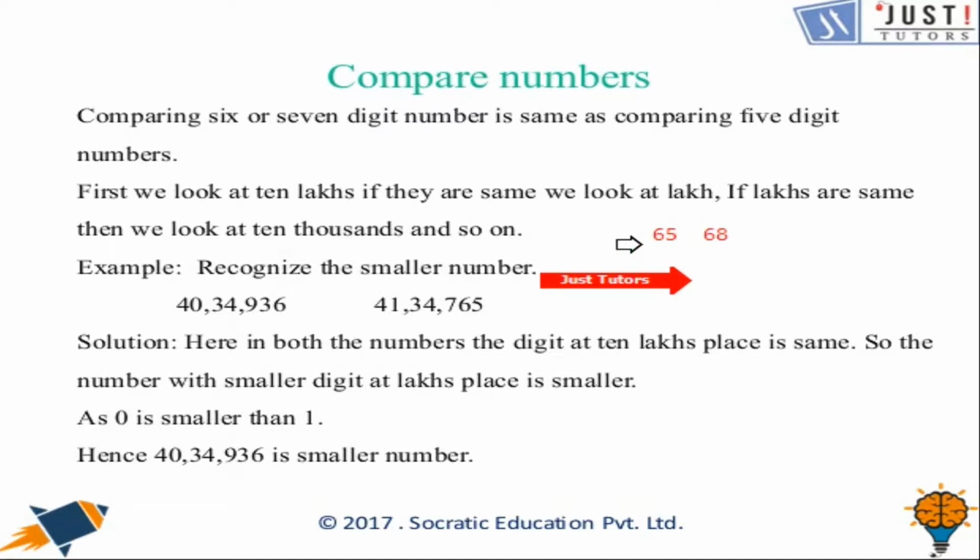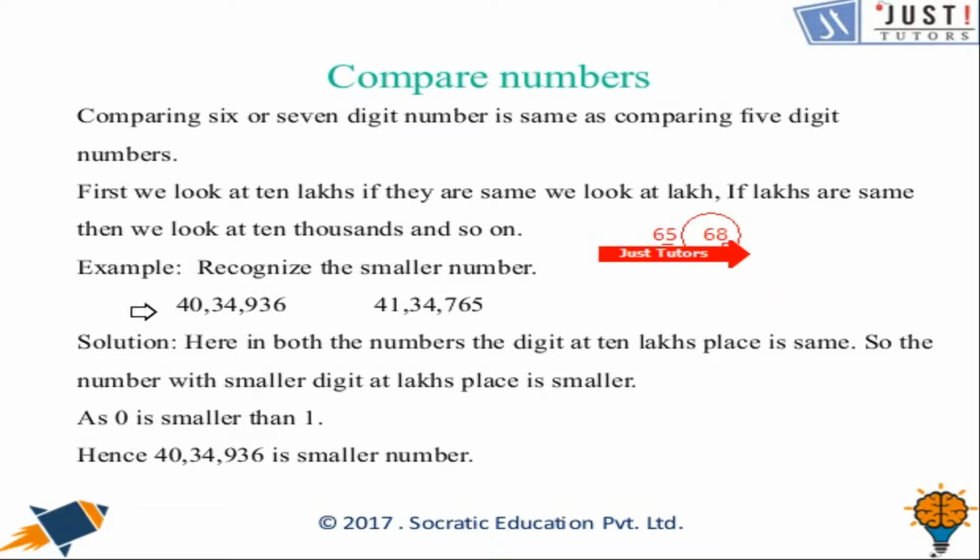So both of the numbers have the same tens digit. Then we can check the ones digit, which is 5 here, and here it is 8. So we can clearly see that the number 68 is bigger. For any number, we can start from the left and compare different place values. So comparing 6 or 7-digit numbers is just the same as comparing 2 or 3-digit numbers.